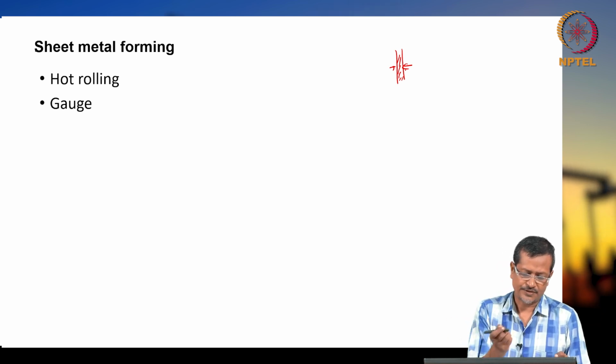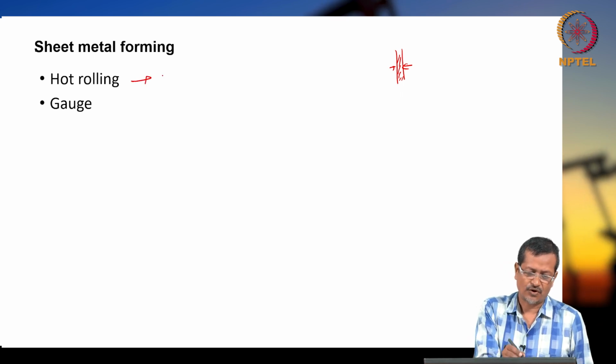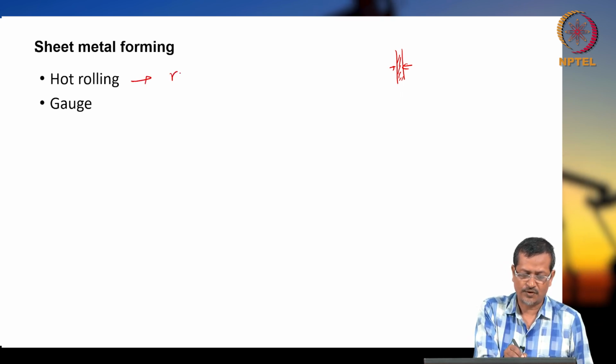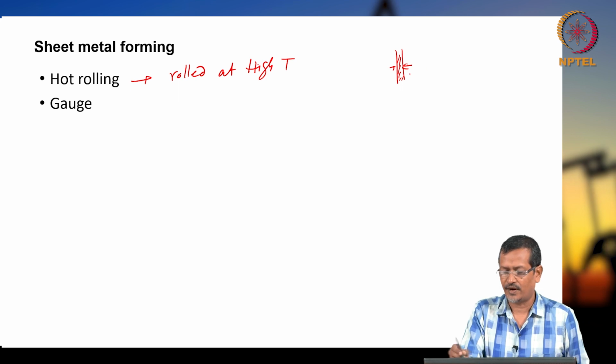The steel that has been rolled at higher temperature is called hot rolling, rolled at high temperature. How is it rolled?